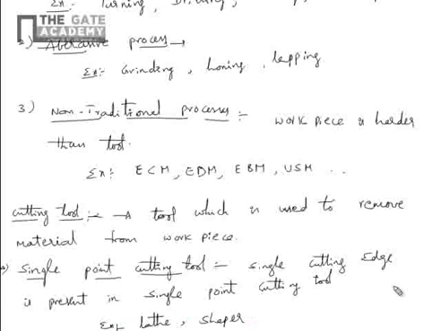Here the tool is fed axially at a uniform feed per revolution. Tool feed is axial to the workpiece. So that's about single point cutting tool. Mostly we use it for commercial purposes, material removal, and if you want to reduce the diameter, we use a single point cutting tool. Suppose in lathe turning, for example, a single point cutting tool is used to reduce the diameter of the workpiece.